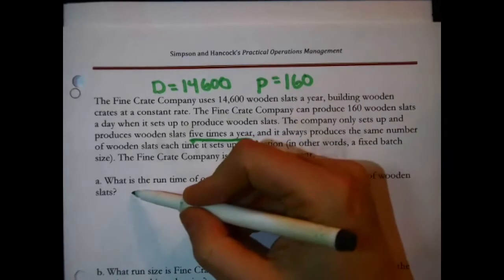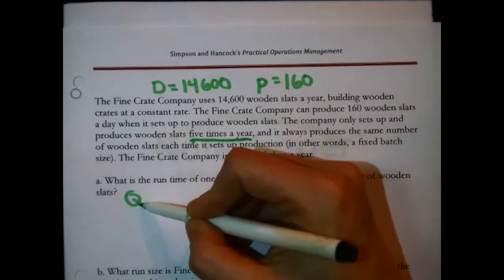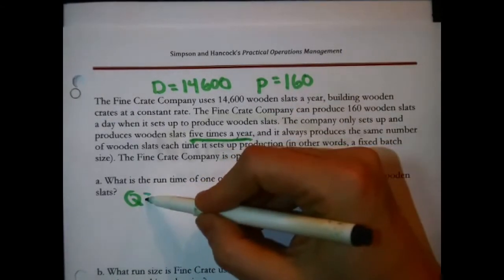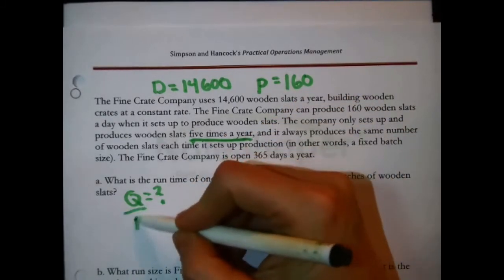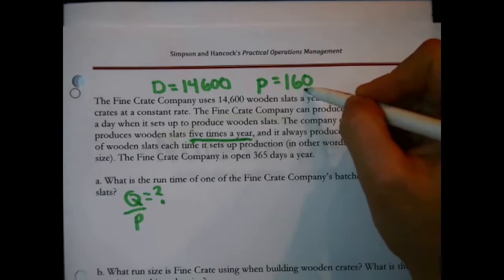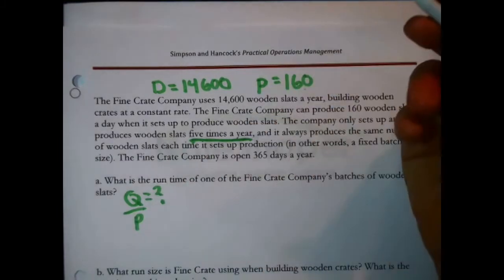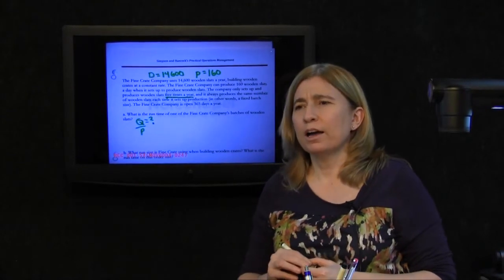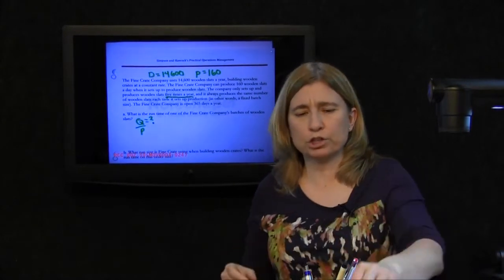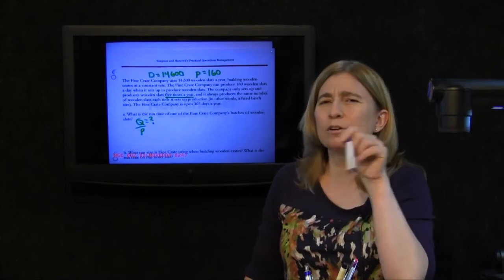Well, I can't answer that until I know what Q is, because the runtime is actually Q divided by P. Now P I know, but I don't know Q. I'm used to trying to determine the order quantity, but they already have one.